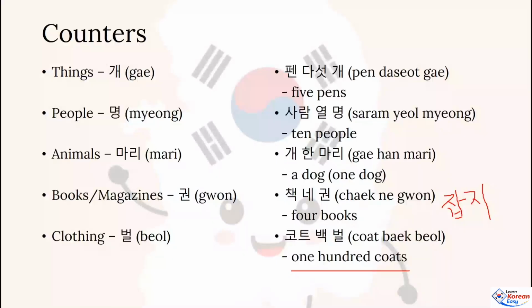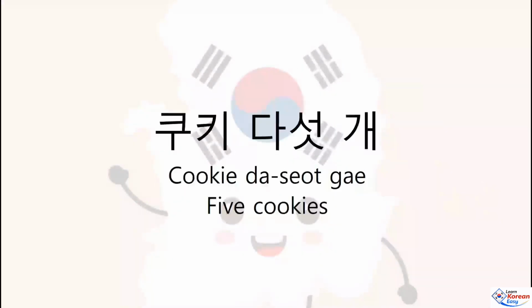Okay, so let's try a few examples here. 쿠키 5개. Cookie. I guess there's no other word in Korean for cookie, so we just use the English word. It's the same, cookie, right? So cookie 5개. 5 cookies. Cookie 2개. 2 cookies.